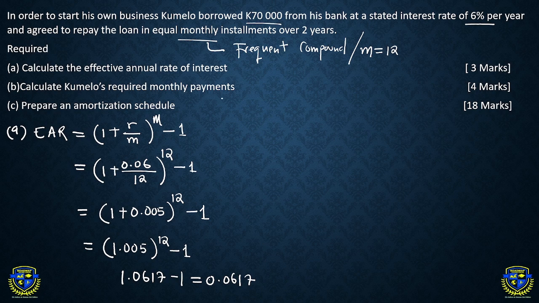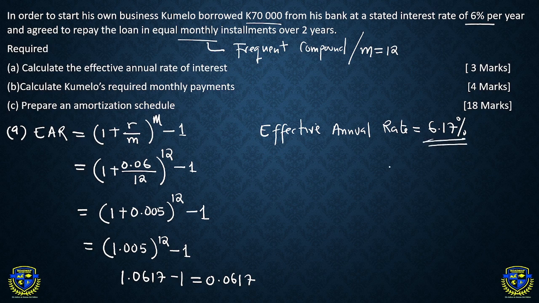Since it's a rate that's supposed to be expressed in percentages, when you multiply 0.0617 by 100, you will discover that our effective annual rate is equal to 6.17%. Writing the question like that, you walk away with 3 marks.